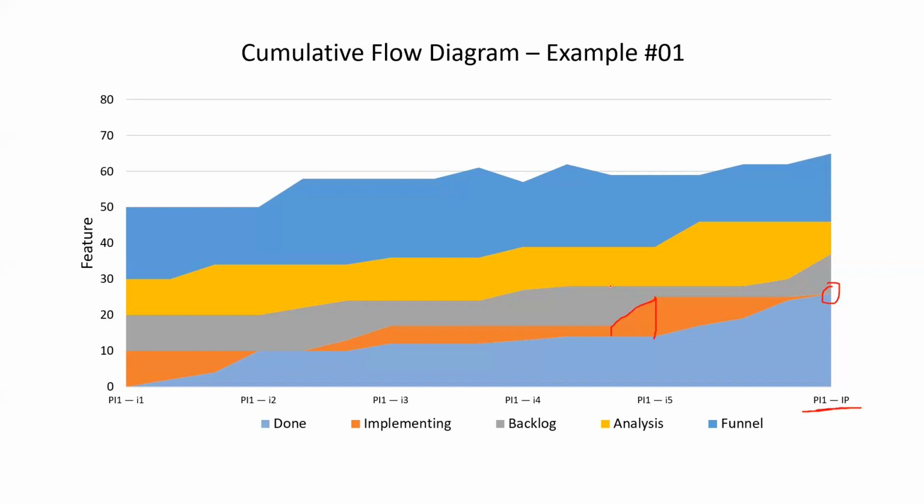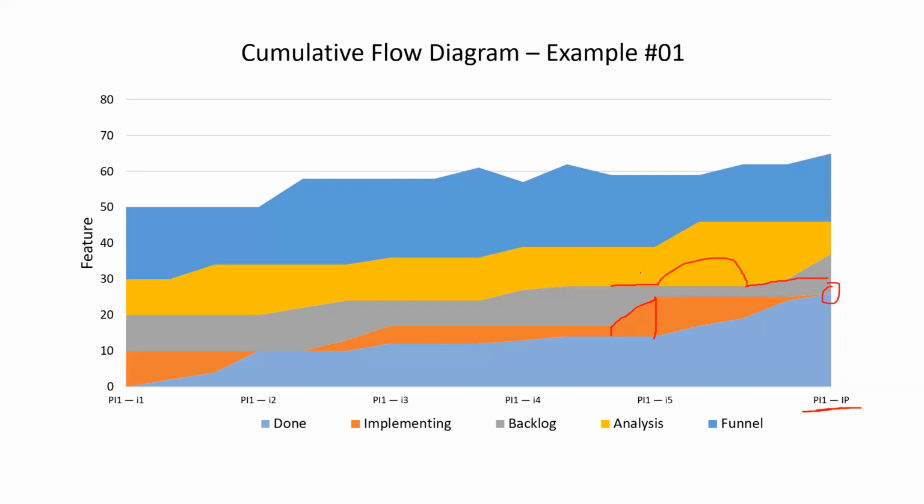But at the same time, the backlog is flat, which means we are moving items from backlog to implementing, but no new items are coming into the backlog stage. And where did the items come into the backlog stage? Only here. Only here.